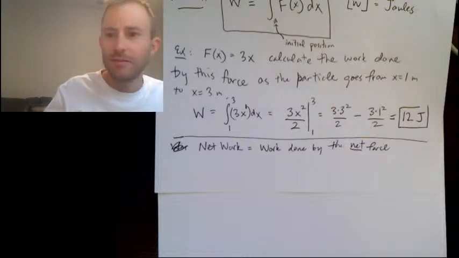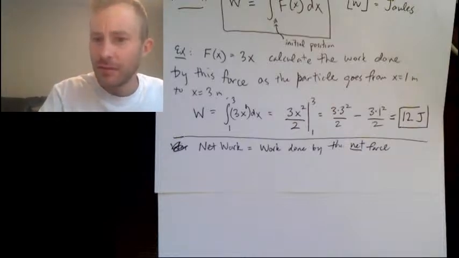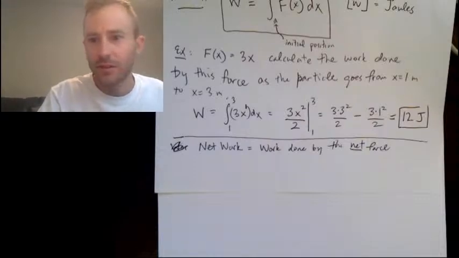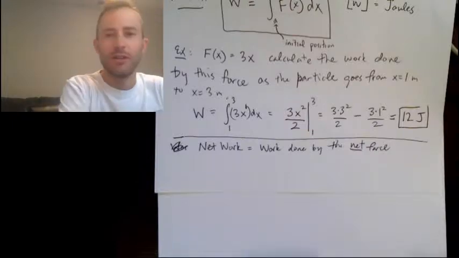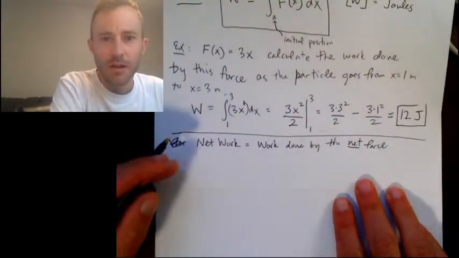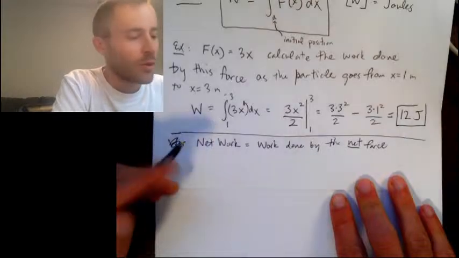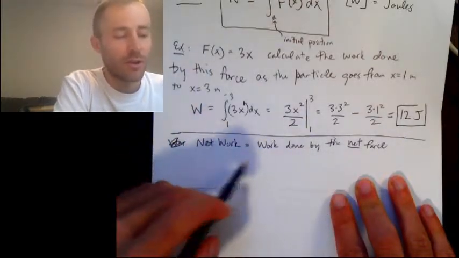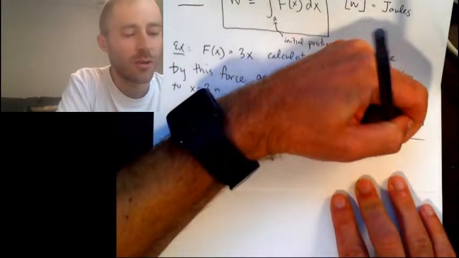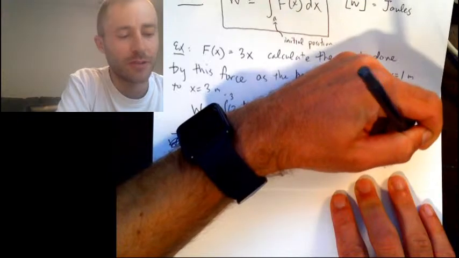If I made a math mistake, then I made a math mistake. It equals a number. The work done by the net force is called the net work. So I will call that W sub net.